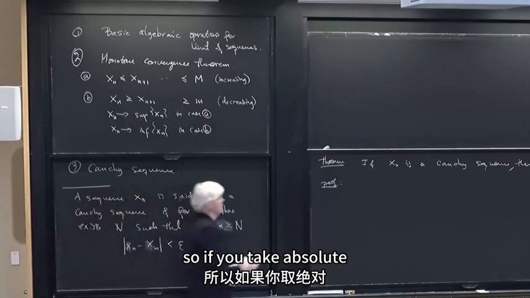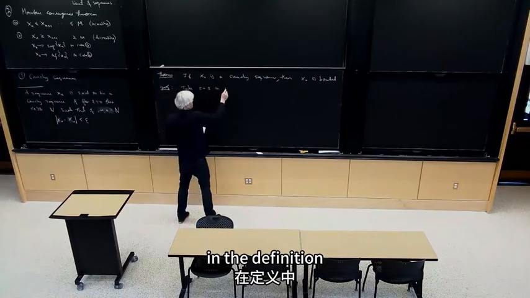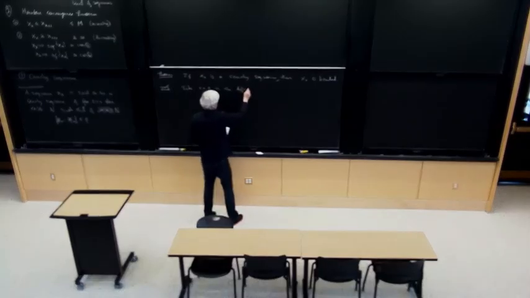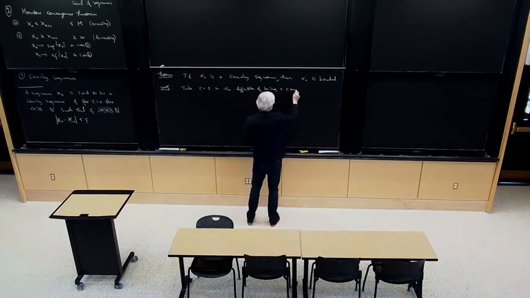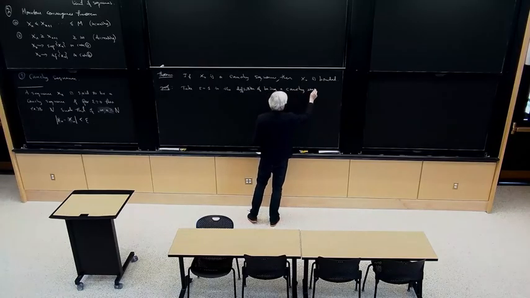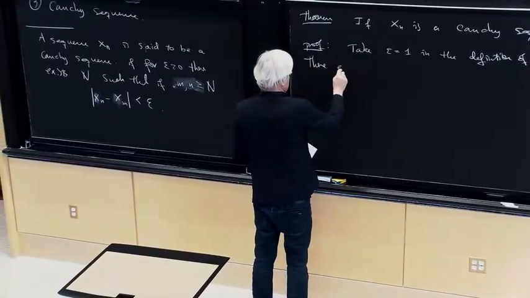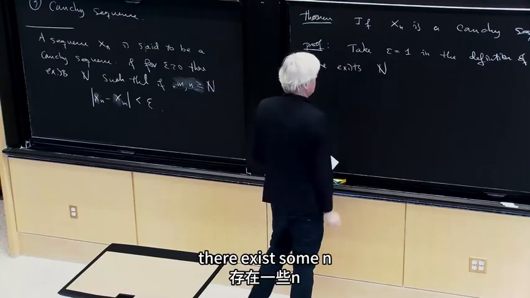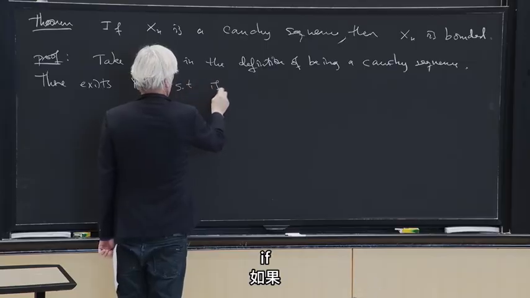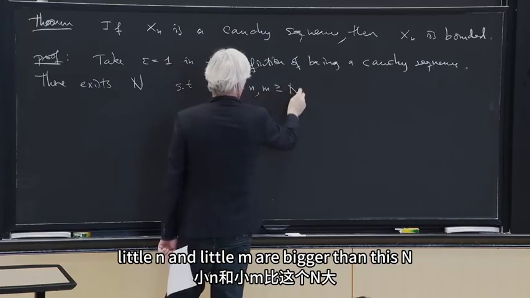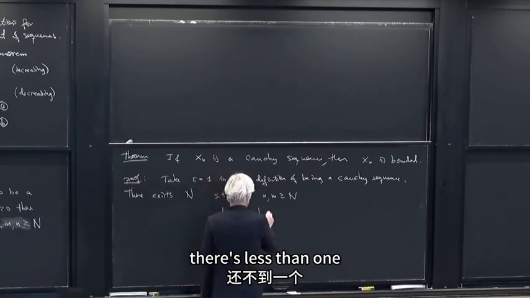So if you take epsilon equal to 1, this means that there exists some capital N such that if little n and little m are bigger than this capital N, then the difference between these two is less than 1.